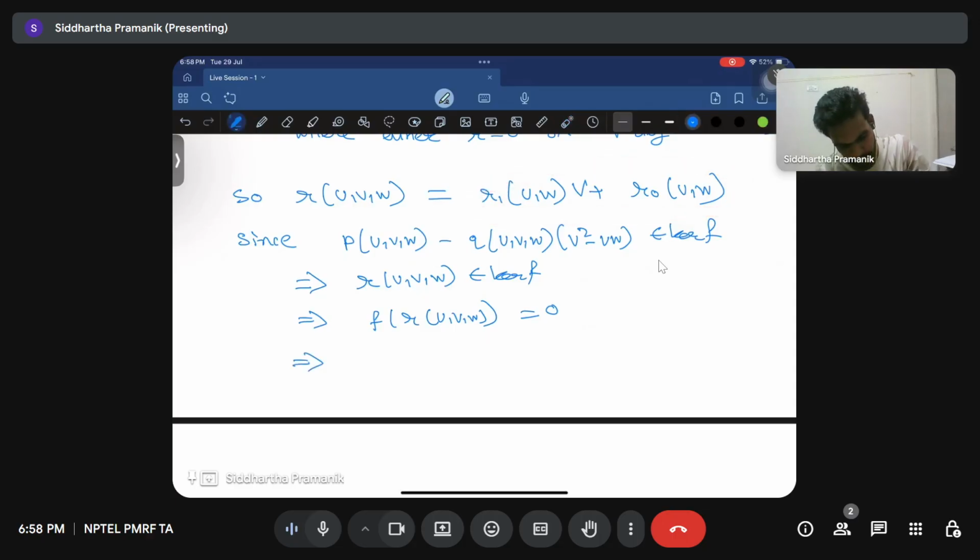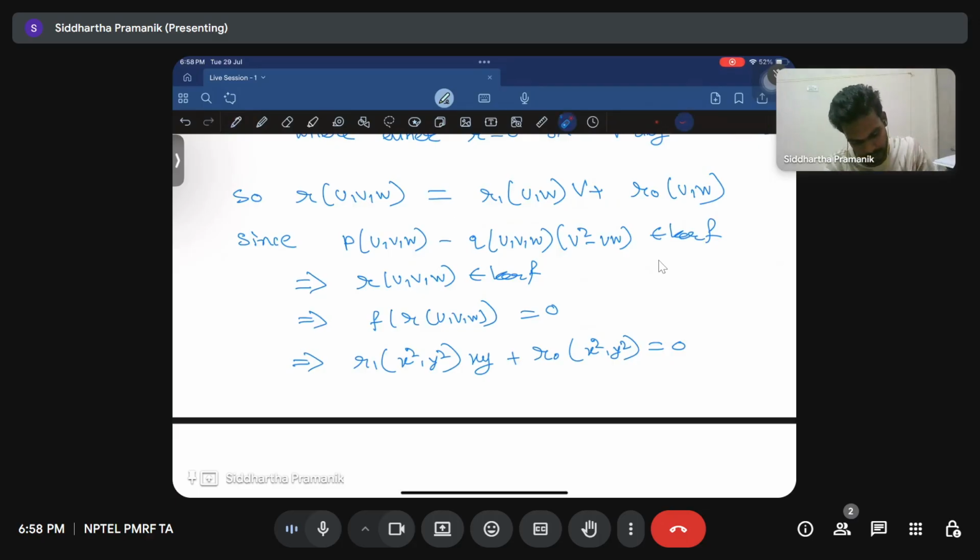So if we apply f on this, the image of u is x square, the image of w is y square, v is xy. So let's put this. So it will be r1(x square, y square) times xy plus r0(x square, y square) equals 0.